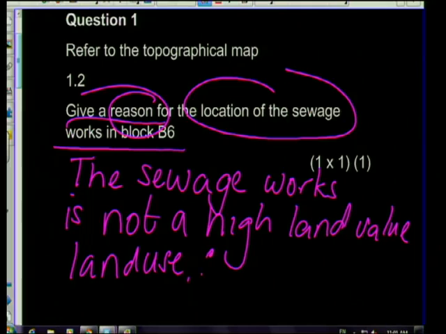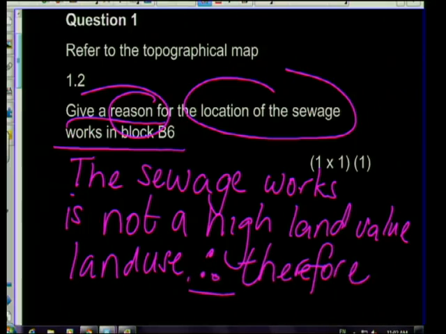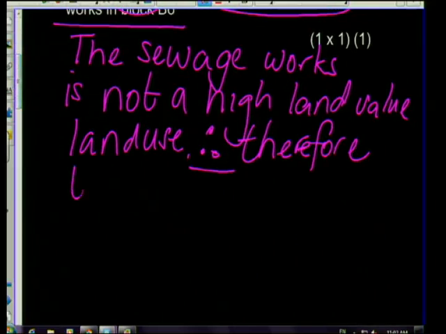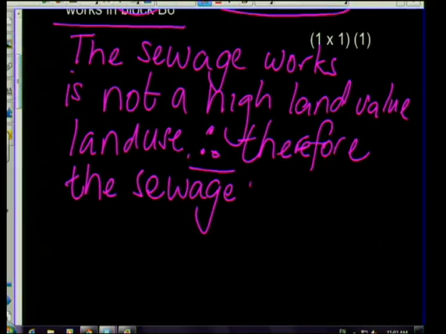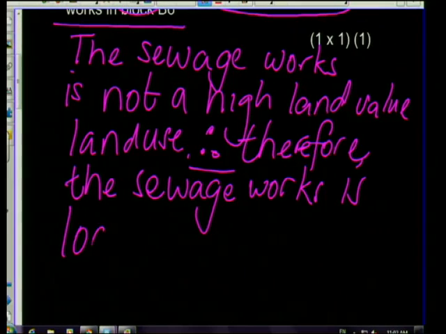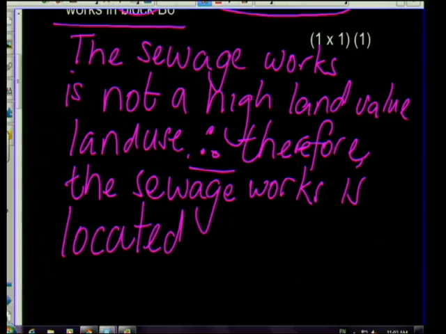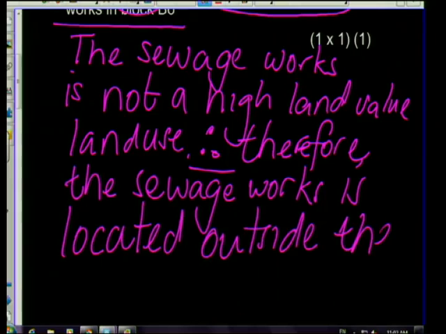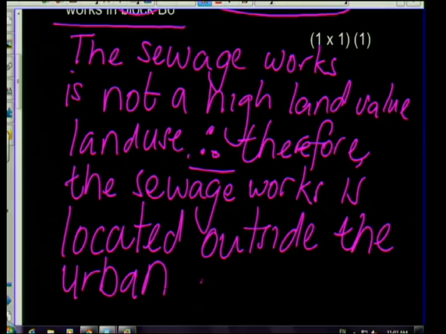Therefore, let's put it in short, therefore, the sewage works is located outside the urban area.